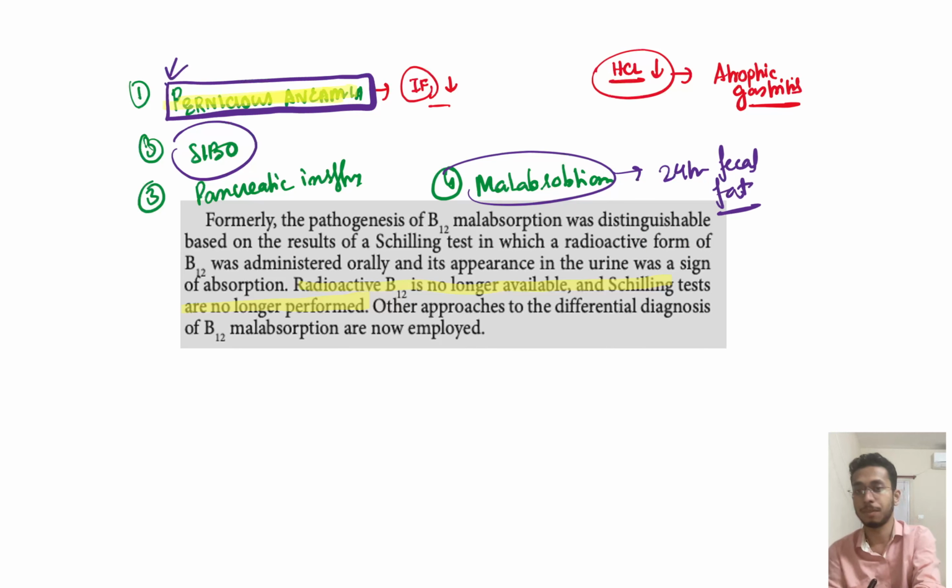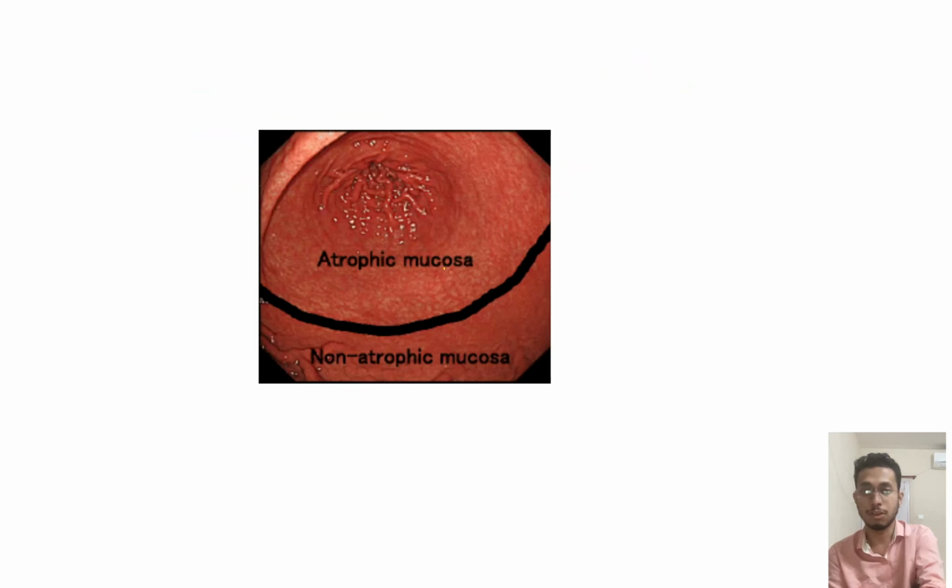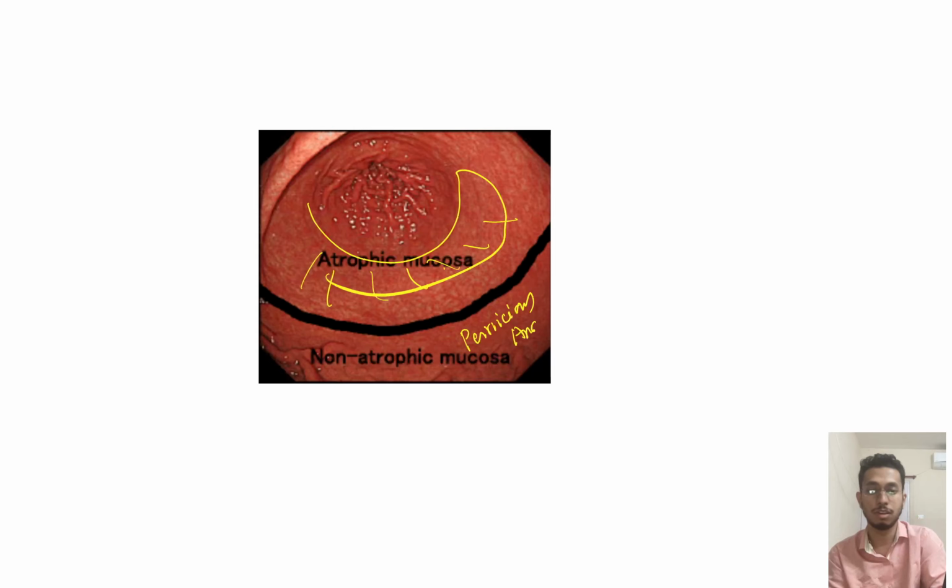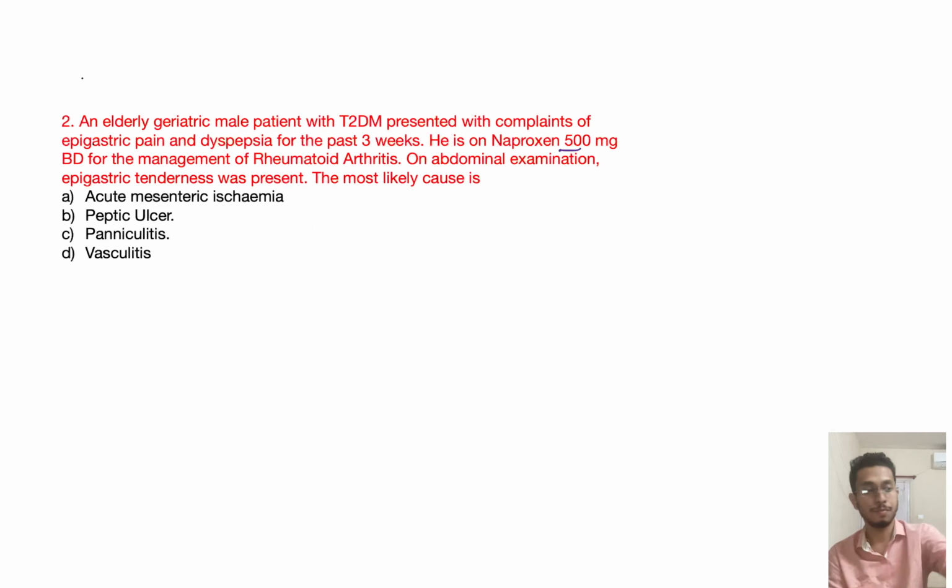Now, you can see here the upper GI endoscopy imaging shows atrophied mucosa, which is seen in atrophic gastritis, a feature of pernicious anemia.